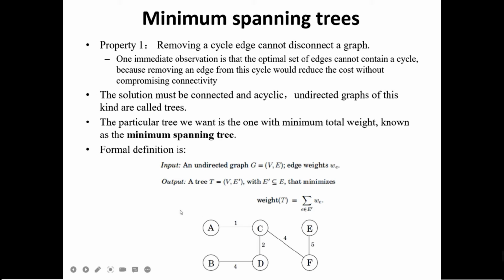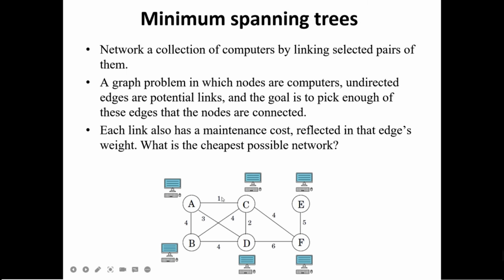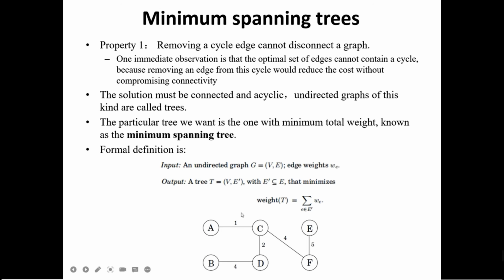So this is a possible network for this problem. It means we have selected some edges from this graph to form a solution for this problem.